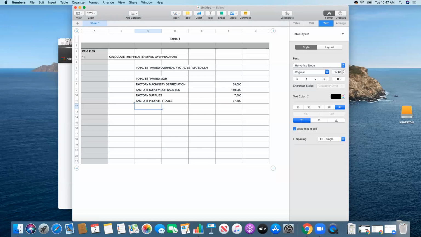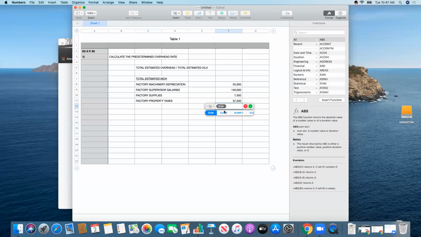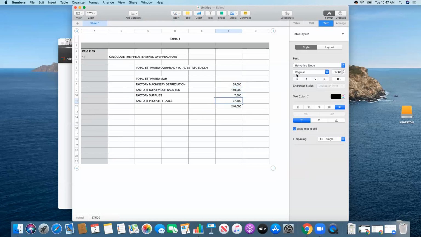And that's it. Depreciation is 1, supervisor's salaries 2, supplies 3, property taxes 4. All right. Total estimated manufacturing overhead.